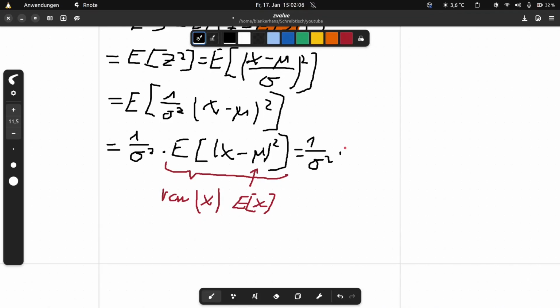So we are left with 1 divided by sigma squared times sigma squared, and this is 1. So we showed how it's derived.